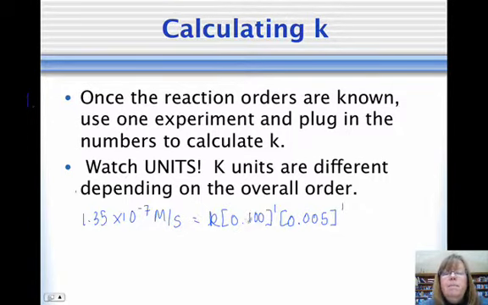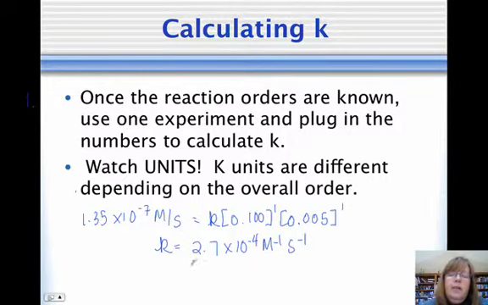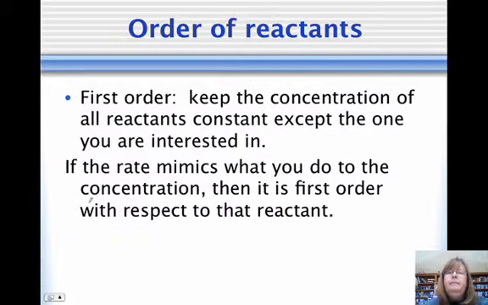So the units are going to be molar times molar, which is molar squared. All right, so when we solve this for K, the value we get is 2.7 times 10 to the negative 4th. The unit, we've got molars per second divided by molar squared. And so it's going to be an inverse molar and an inverse time. So just do the algebra with your units. There is our value of K.